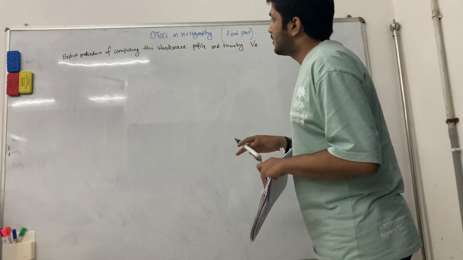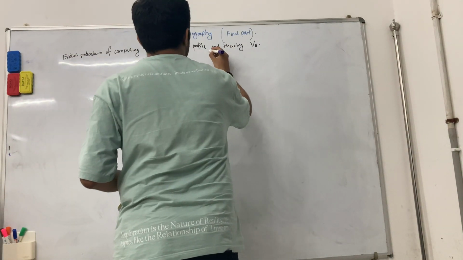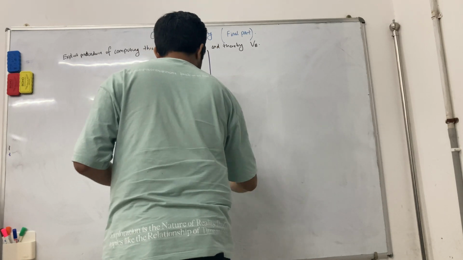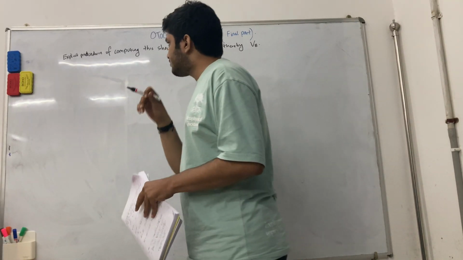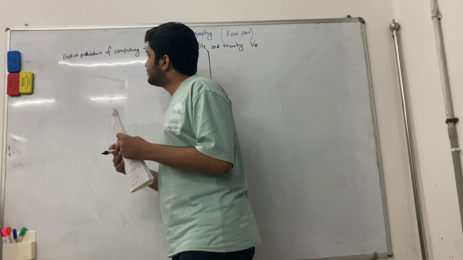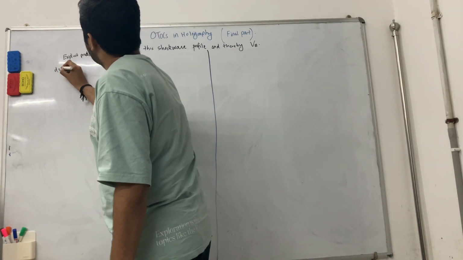So I will divide the board into two parts. Mathematical. Okay, so firstly, suppose that I have a metric of this form.